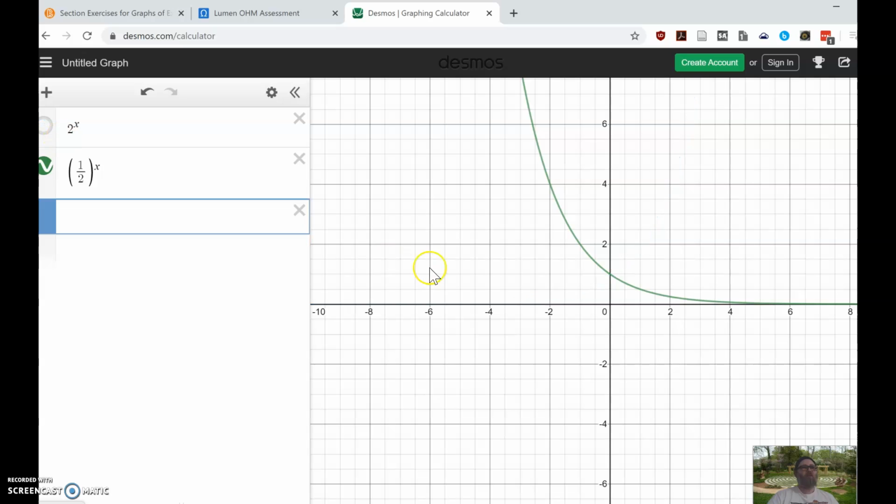And then we'll see that the horizontal asymptote is still at y equals 0, but as the x values get bigger and bigger, we get closer and closer to the asymptote. And so this is called exponential decay to differentiate it from exponential growth.